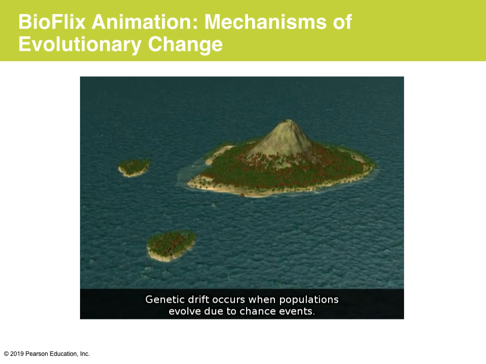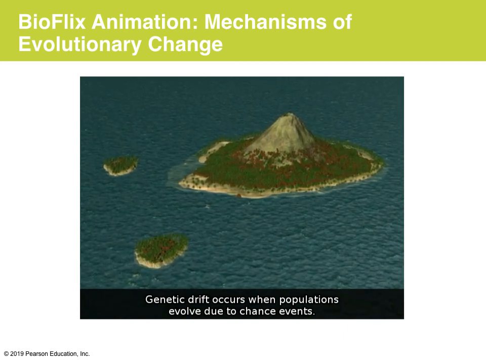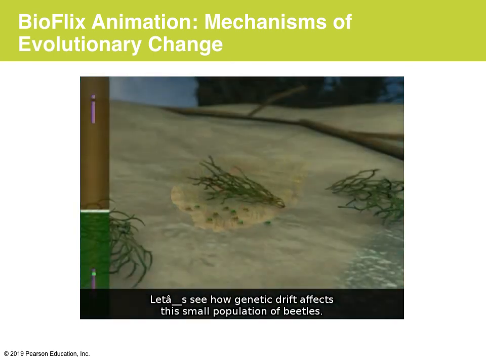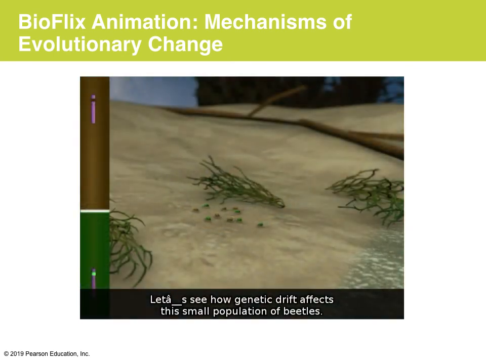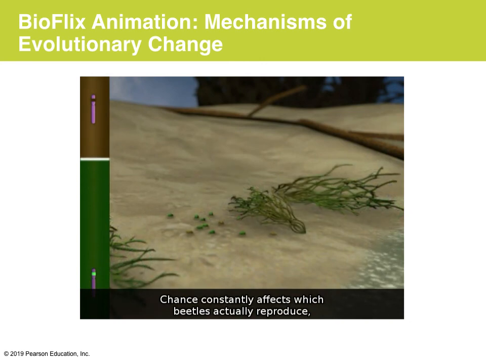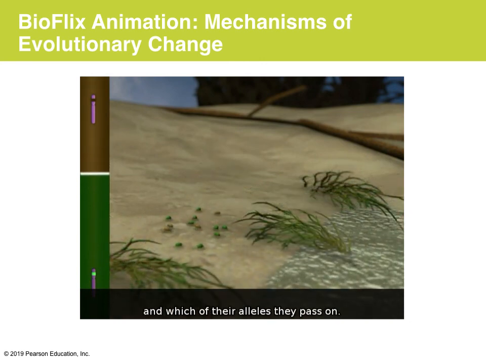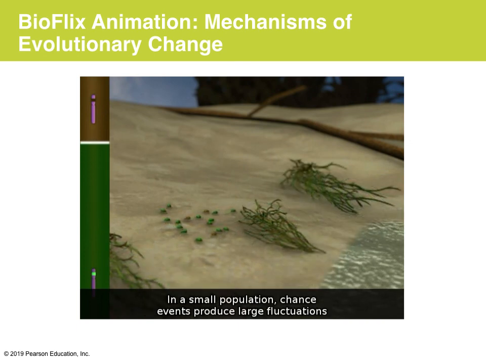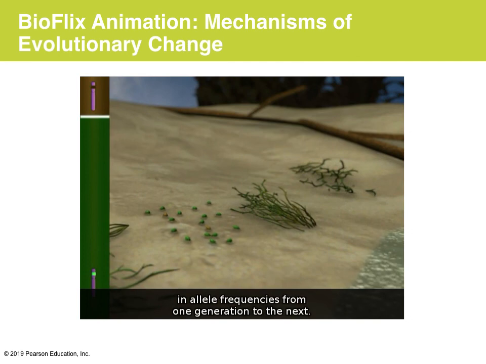Genetic drift occurs when populations evolve due to chance events. Let's see how genetic drift affects this small population of beetles. Chance constantly affects which beetles actually reproduce and which of their alleles they pass on. In a small population, chance events produce large fluctuations in allele frequencies from one generation to the next.